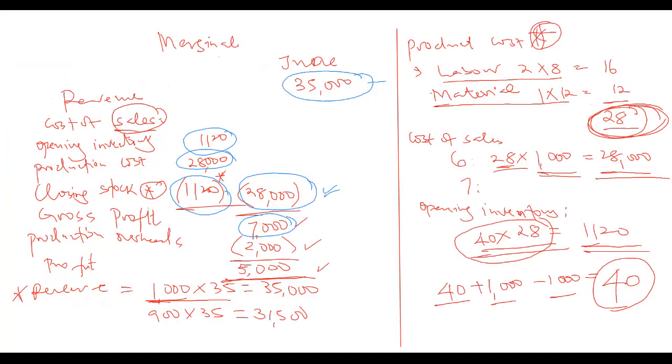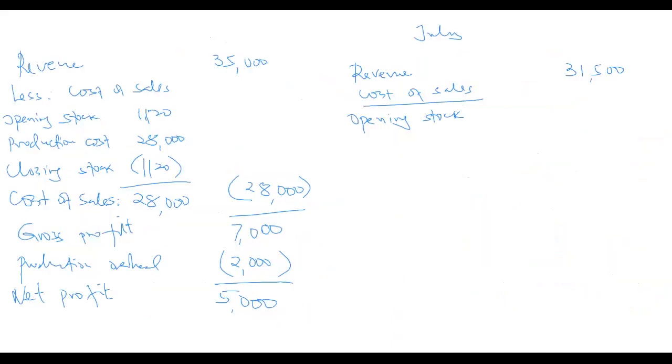Don't forget, the closing stock, we had 40 units remaining. At the end of the month of June, there were 40 units that the company is yet to sell. Then in the month of July, the closing stock of June becomes the opening stock of July, isn't it? Therefore, your opening stock is 40 with a value of 1,120.